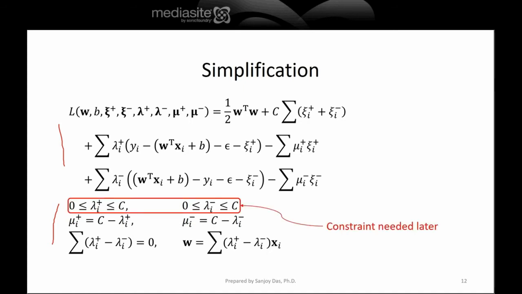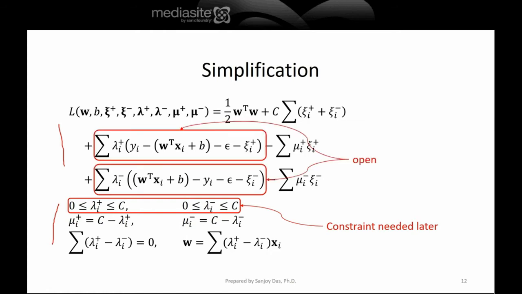Now these constraints, that lambda i plus and lambda i minus lie between 0 and C, we don't need at this point during the simplification process when we eliminate the primal variables. So let's toss them aside, and I'll open this parenthesis for lambda i minus, and this parenthesis for lambda i plus, and I'll delete these constraints, which are only needed later, not during this derivation.